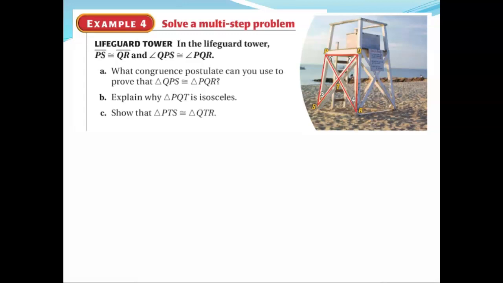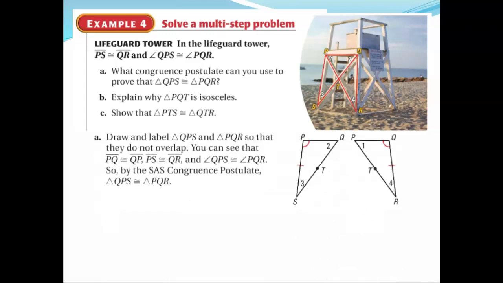We're trying to look at two triangles here, QPS and PQR, and those two triangles overlap. So I think the easiest thing to do is to actually redraw them so that they don't overlap. Okay, so we've drawn and labeled triangle QPS and PQR so that they don't overlap.